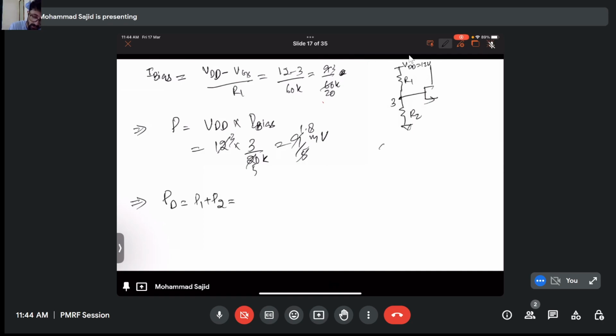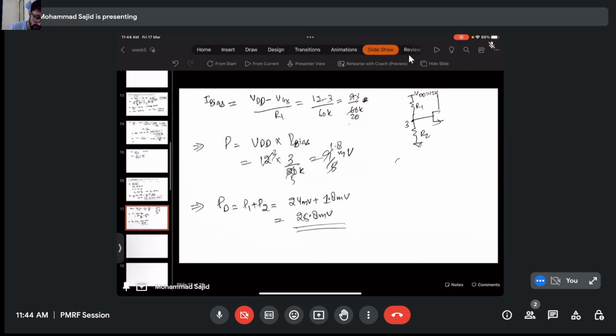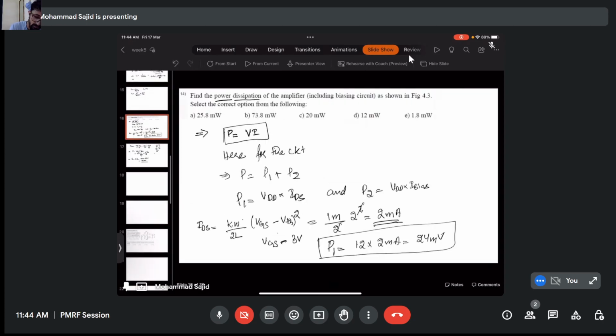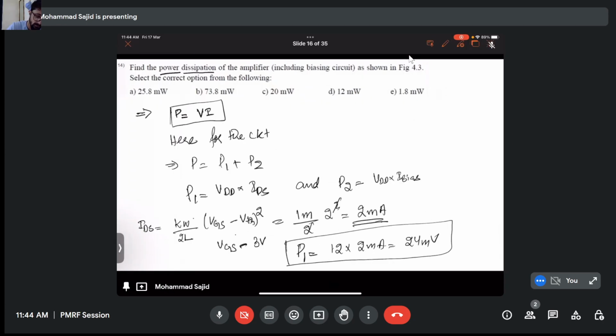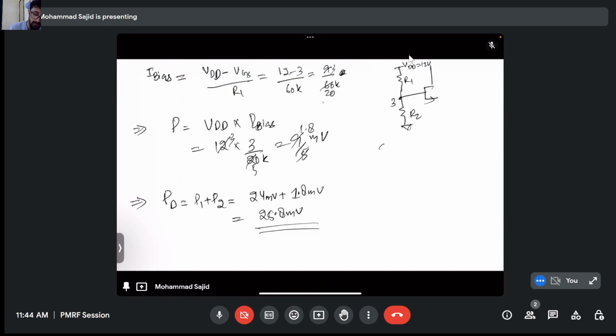As I said, that will be 24 milliwatts plus 1.8 milliwatts. The total is 25.8 milliwatts. Right, so this is how you find the power dissipation in the circuit.